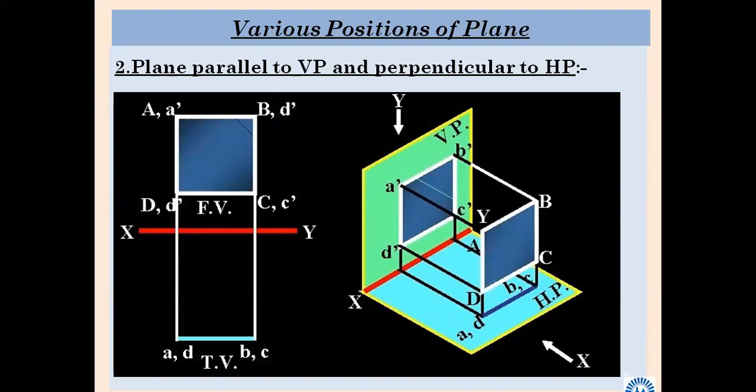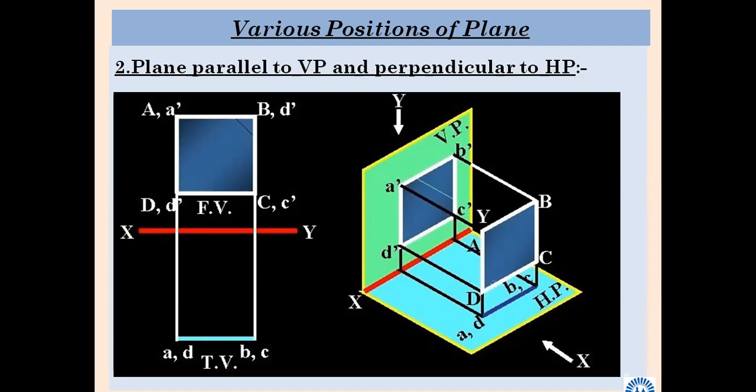VP. So in VP, which view are we getting? Front view. As the plane is parallel to VP, what will we get, either true shape or edge view, in VP? True shape. We will get true shape in VP.